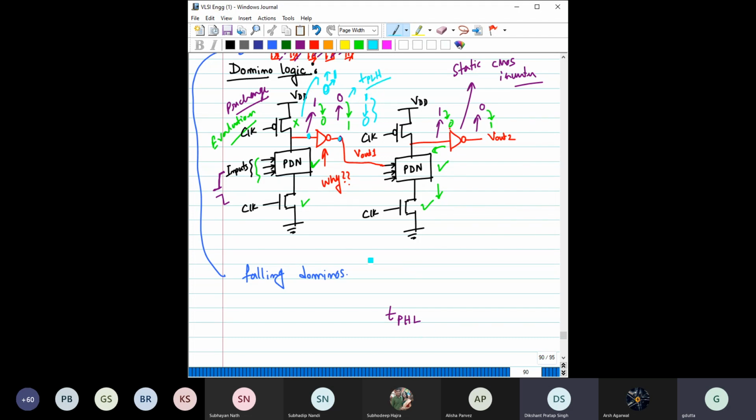Is TPHL equal to 0, as per the delay definition?